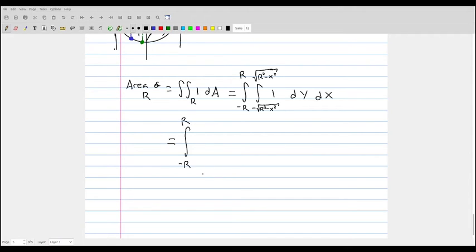So negative r to r, the antiderivative of 1 is just the function y. We have to evaluate this at the upper bound and the lower bound.